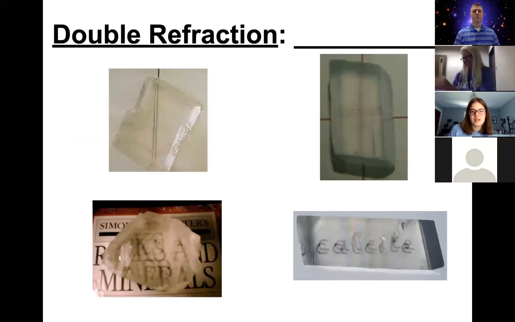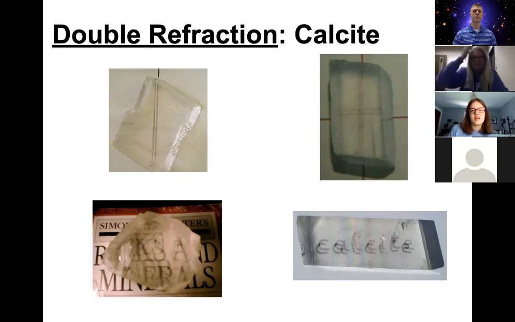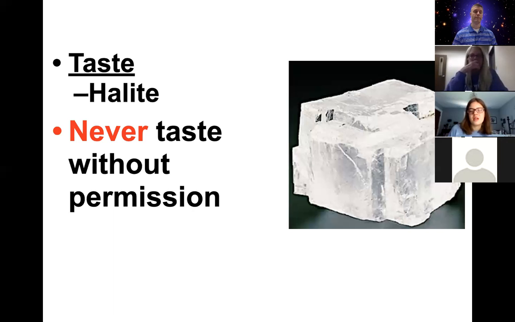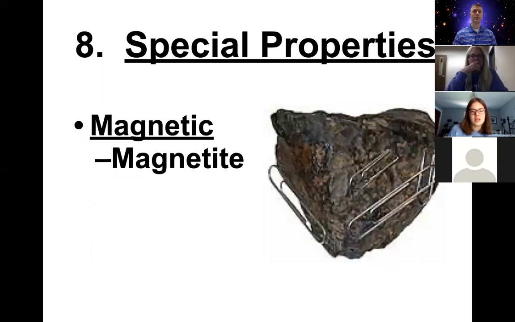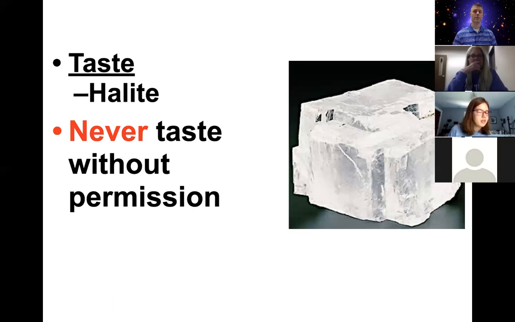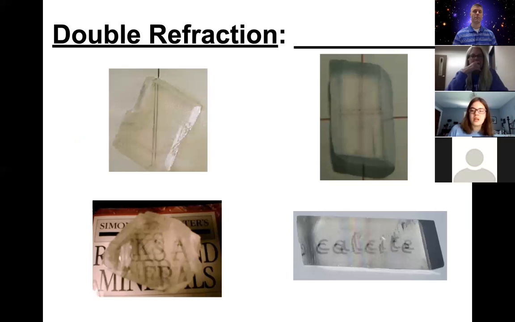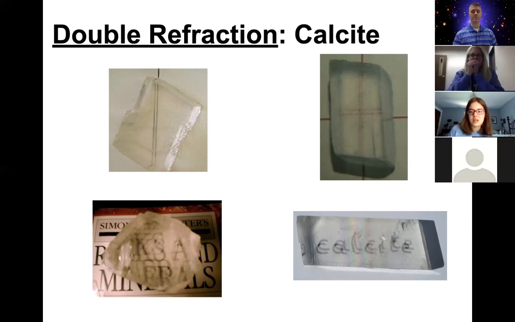And then another unique feature is double refraction. So you go back real quick, sorry. That one? Another one. That? All right. Calcite has this quality of double refraction.